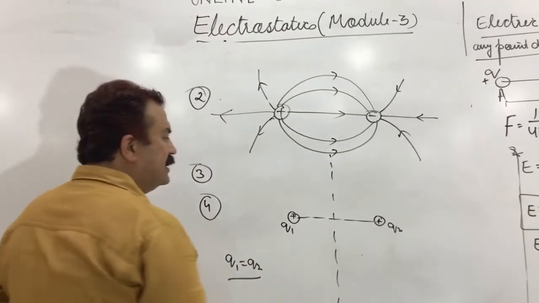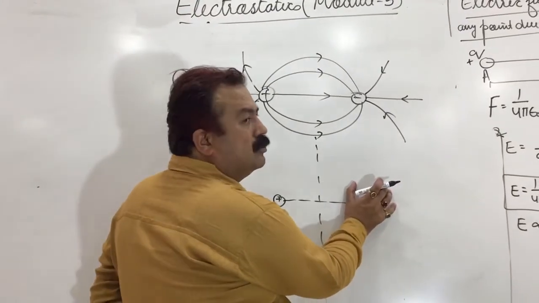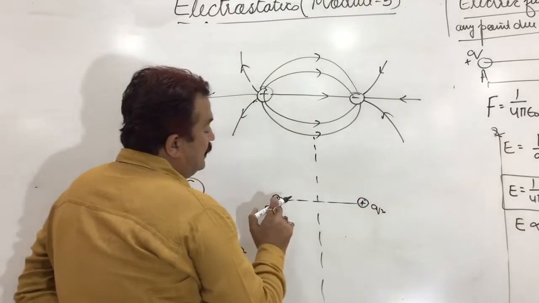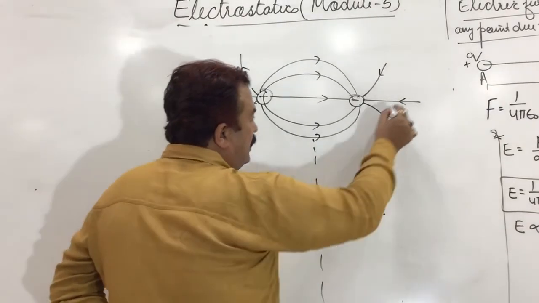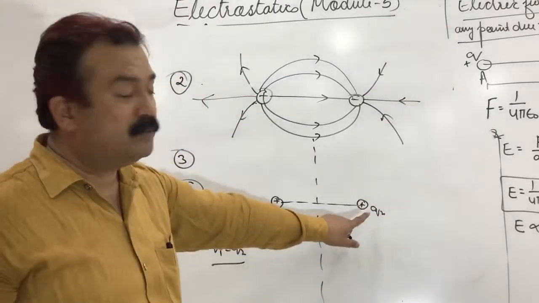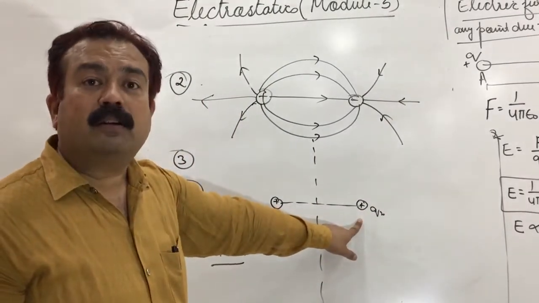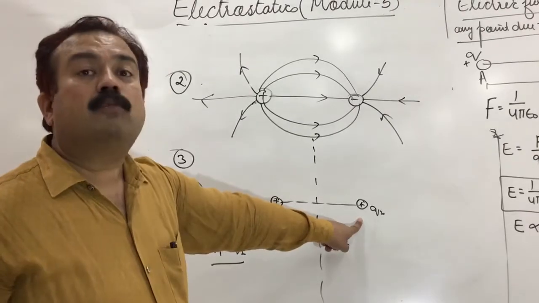So in this condition, if we just consider this charge is not present, then what will happen? Electric lines of force try to move from Q1 in a straight manner. But because of this charge being present, what will it do?